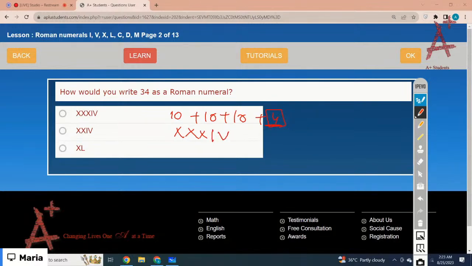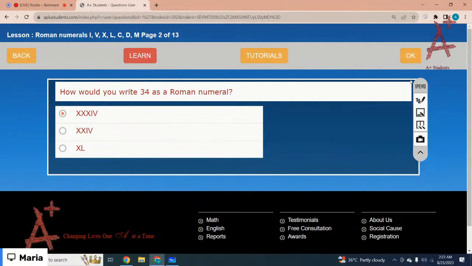This is 5 and on the left side you have an I that makes 4. So it makes 34, right? That would be X, X, X, I, V. Correct option is option number 1.